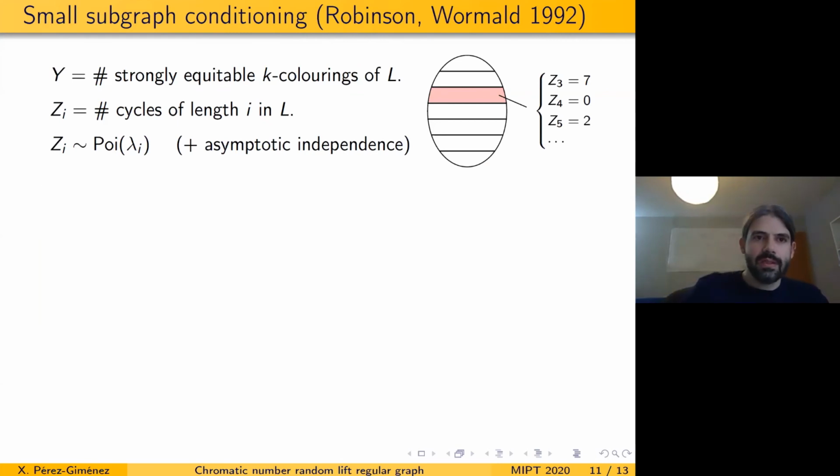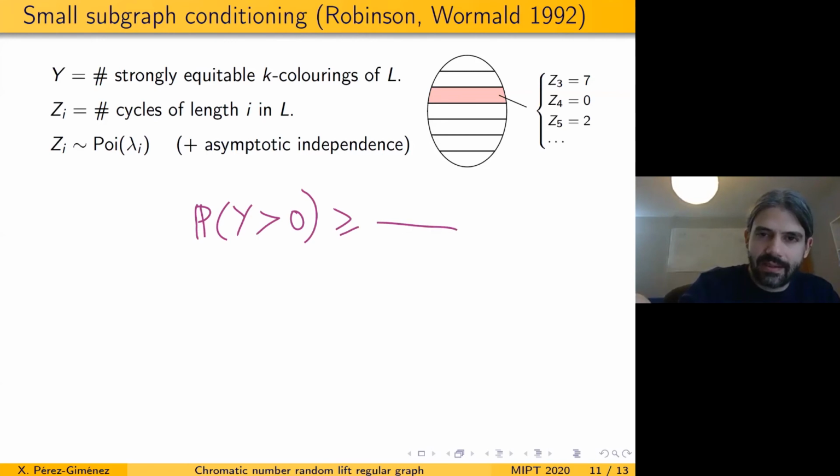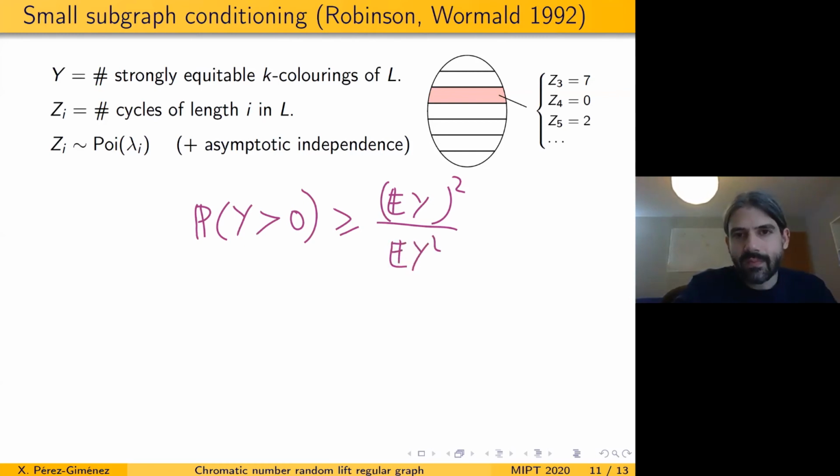So the first thing is that the probability of having strongly equitable colorings is at least the ratio between the square of the first moment and the second moment.